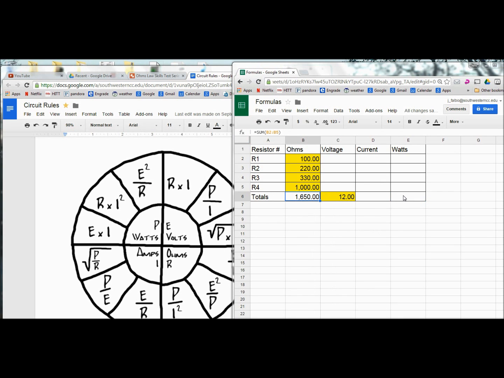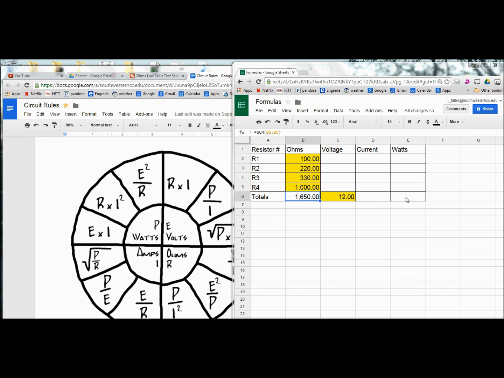So I want to solve for wattage because I want to do this differently. And I know the voltage and the resistance. So when I look in the wattage area of my Ohm's law wheel, what I usually do is I look at, okay, I know my ohms, which two formulas use ohms? So that would be this one and this one. So immediately I know I can't use this formula.